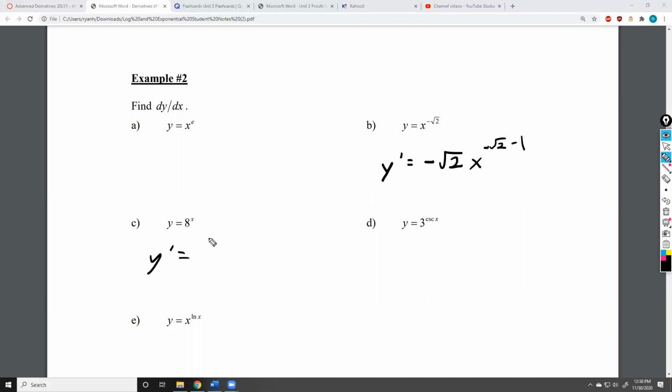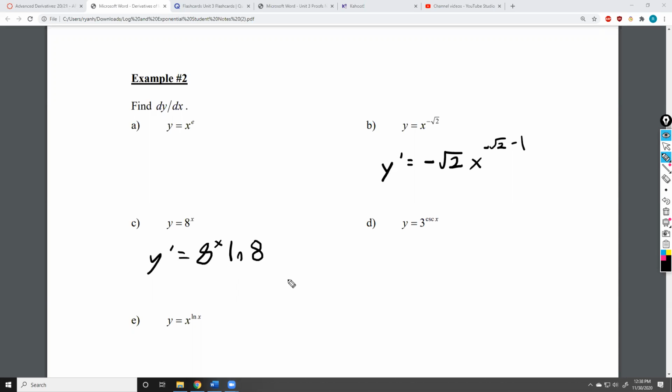And so if we've got a number to the x, similar idea of e to the x, the derivative of 8 to the x is 8 to the x. But then our rule says that we need to multiply by the natural log of the base. So our derivative of 8 to the x is 8 to the x times the natural log of 8.